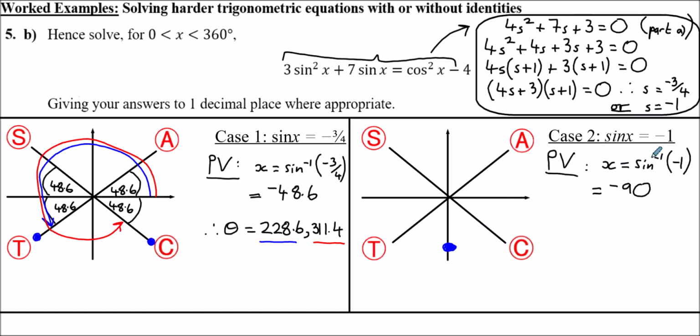So sine of x is only going to be minus 1 at this one point here. So we want x to be a positive angle, and so it's going to be 270. 90, 180, 270. So therefore here theta is 270. So if we put these three values of theta into 1 to get our full overall solution, that's going to complete question 5 for us.